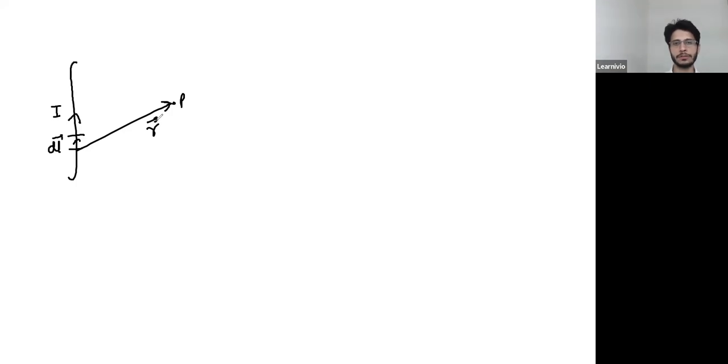Out, out. Are you using right or left hand? Right hand. You have to curl it towards the point. Check the pattern in which you are curling your fingers: towards P or away from P. First place your fingers along current and then curl them towards the point.